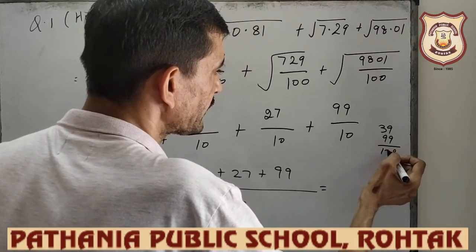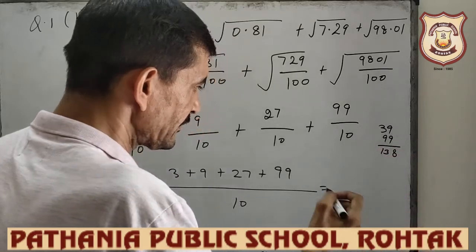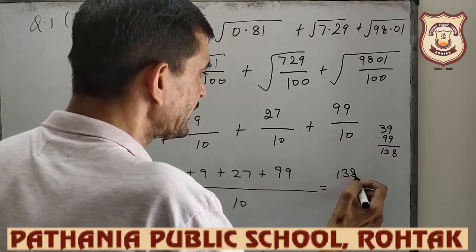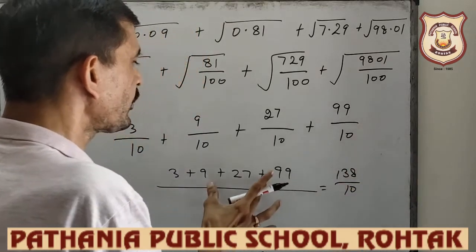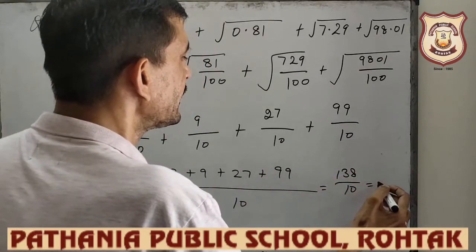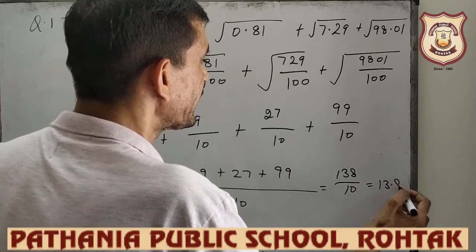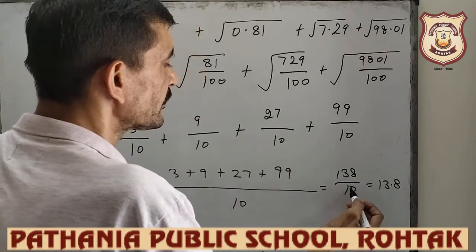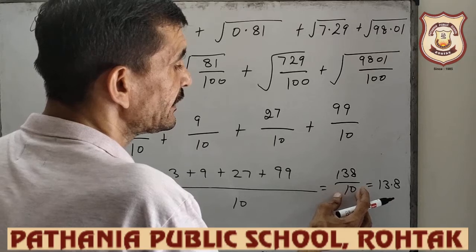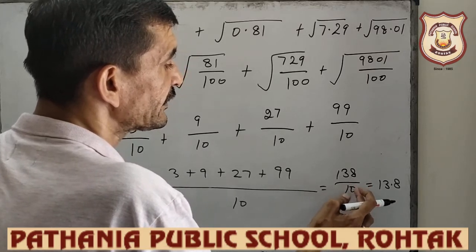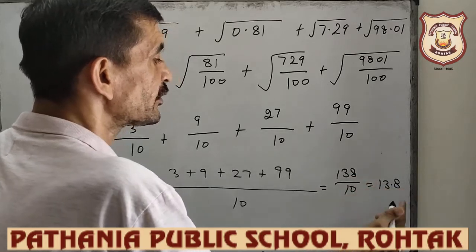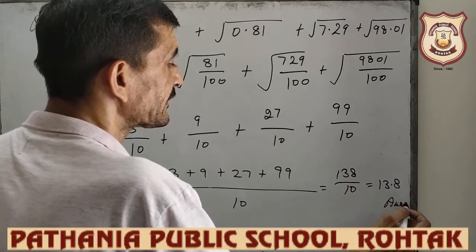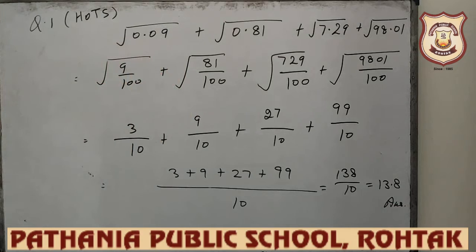And 9 and 3, 12. 138. 138 by 10. So what is it? The sum of all these is 138 and this becomes 13.8, because if we want to remove the 10, then put the decimal. 10 is there, so one digit. Before one digit, the decimal should be there. This one is the answer. Is it clear to you?